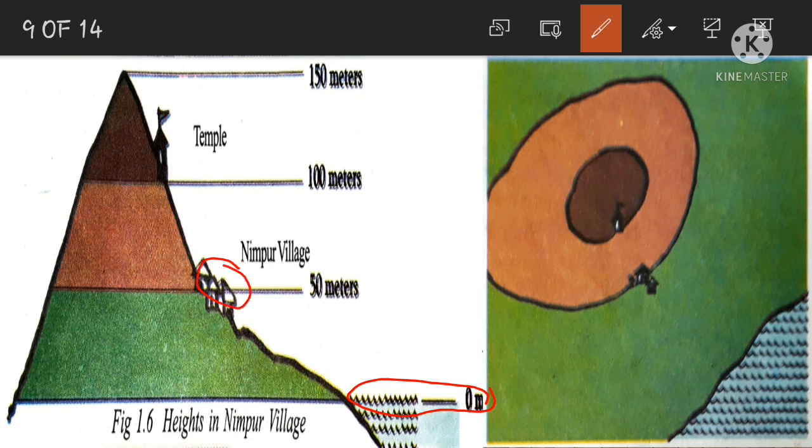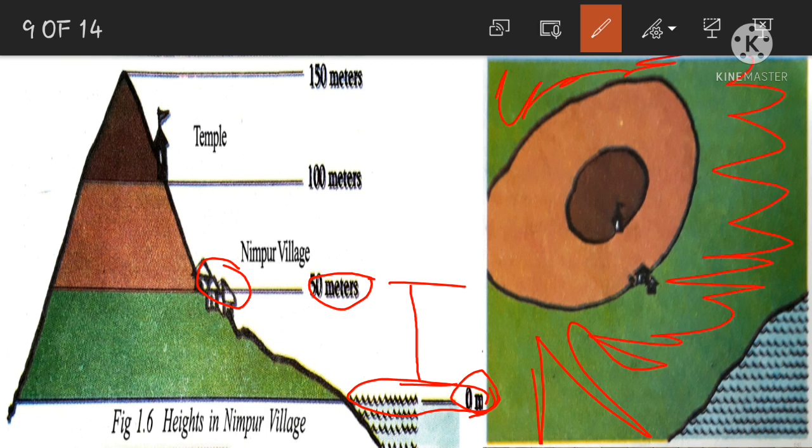That is from 0 meters to 50 meters above the sea level. This region is shown in the map using green color. It means this green region is from 0 to 50 meters above the sea level.